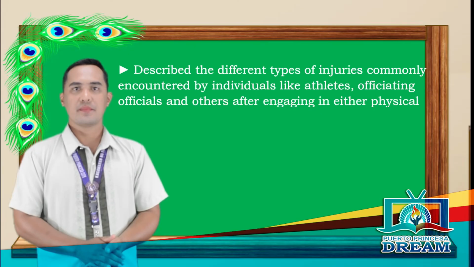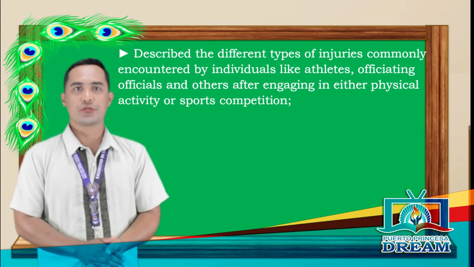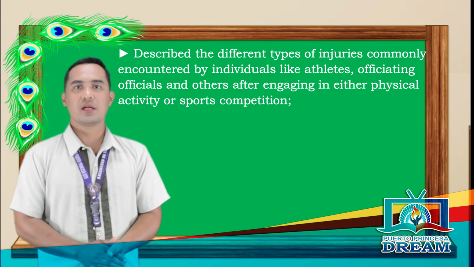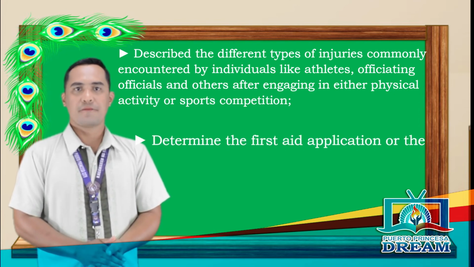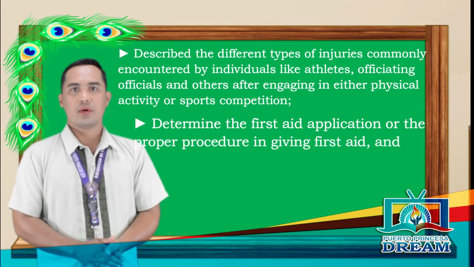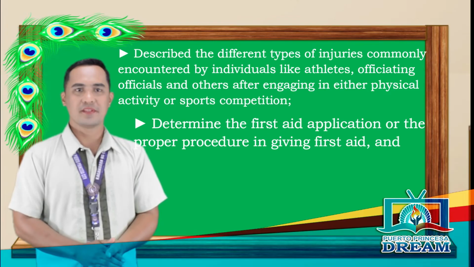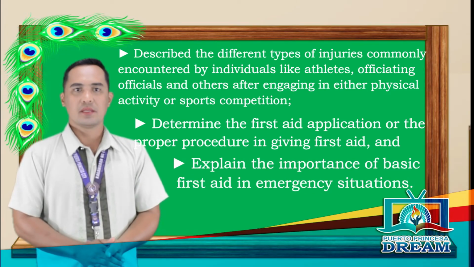Describe the different types of injuries commonly encountered by individuals like athletes, officiating officials, and others after engaging in either physical activity and sports competition. Determine the first aid application or the proper procedure in giving first aid. And explain the importance of basic first aid in emergency situation.